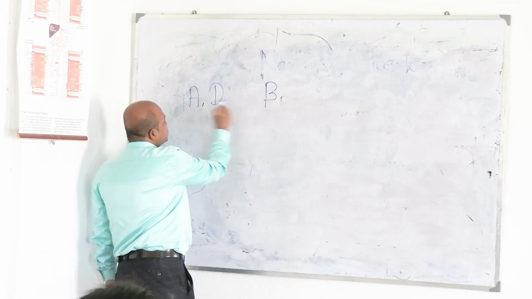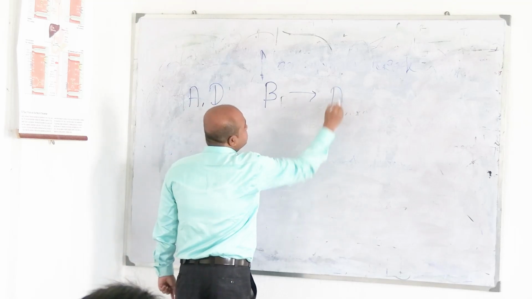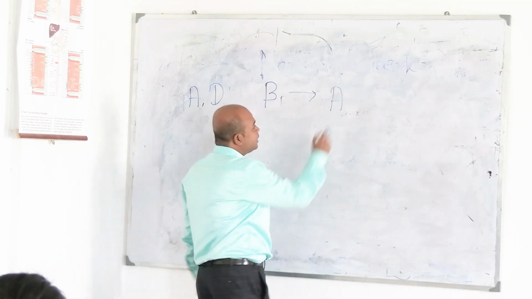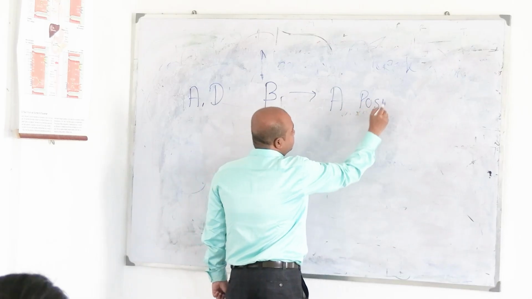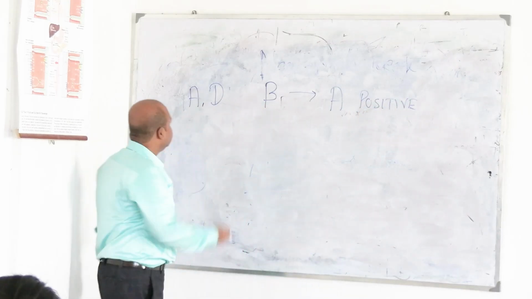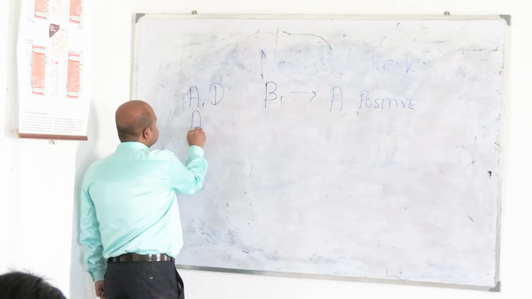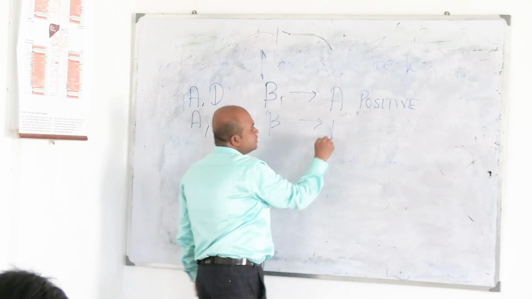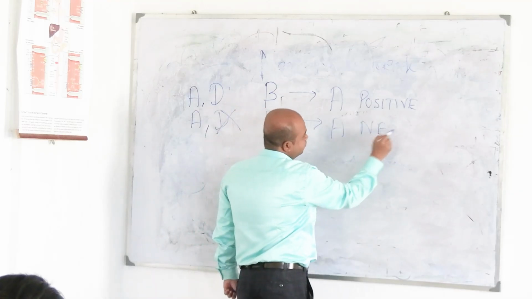If it is present, this blood group, strictly we should say blood type, is A positive. If A is present, D is not present, and beta is present, it is A negative.